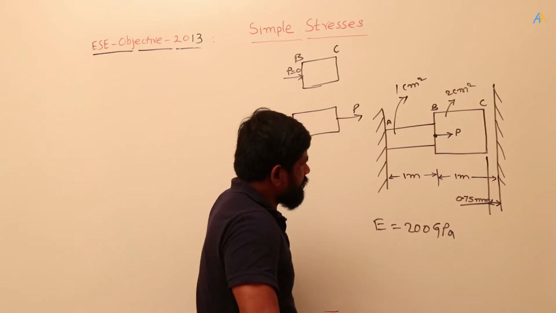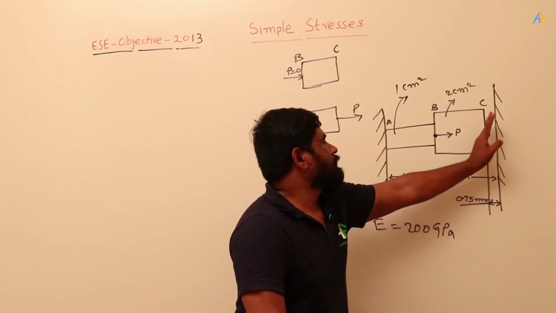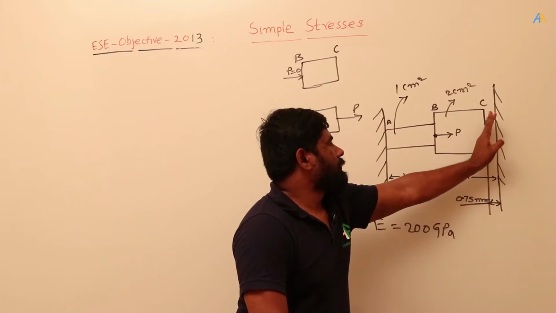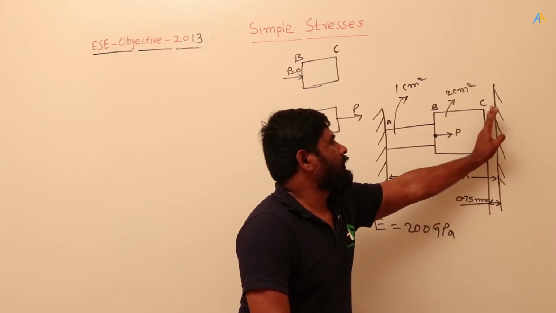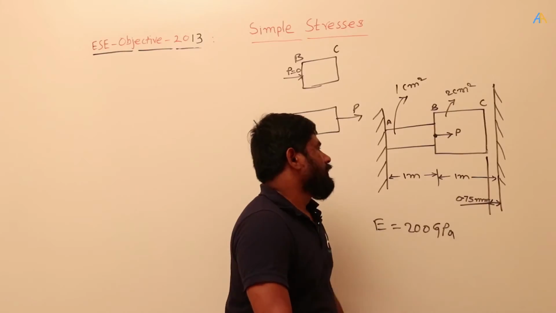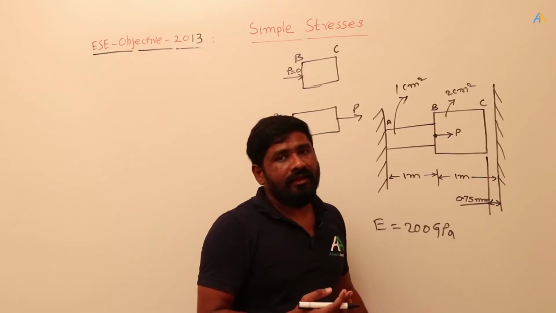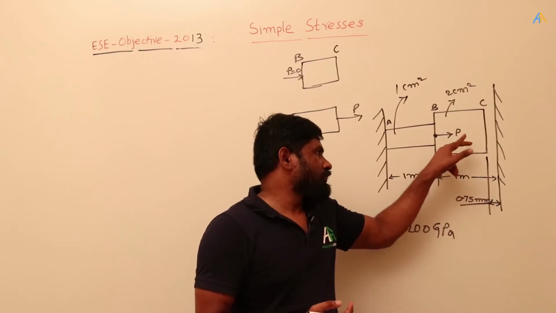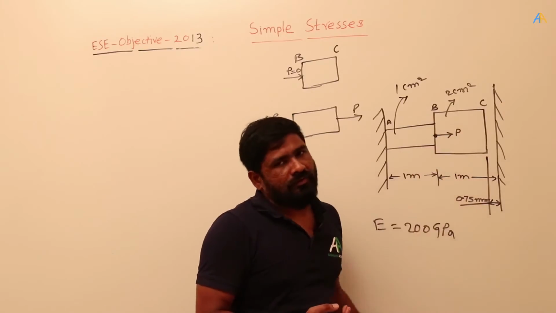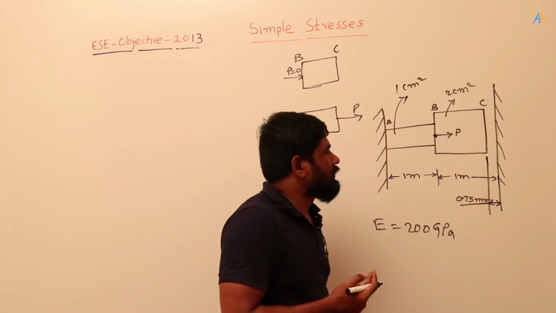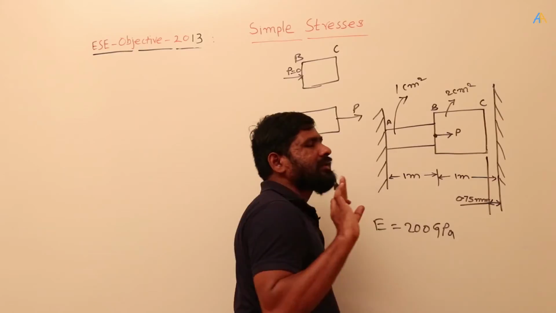Instead of a gap, if you have a rigid wall just touching the face C, then there will be some force developed in the BC also, as in the previous cases that we have seen. But since it is free to expand, there is no force on this.